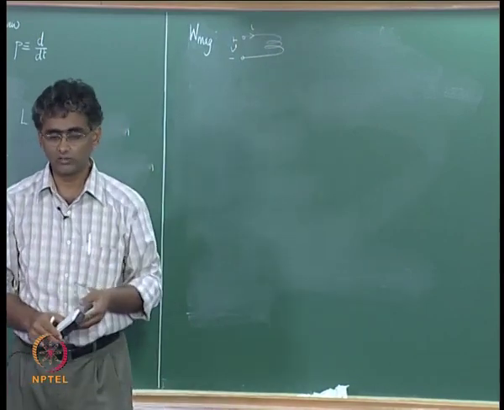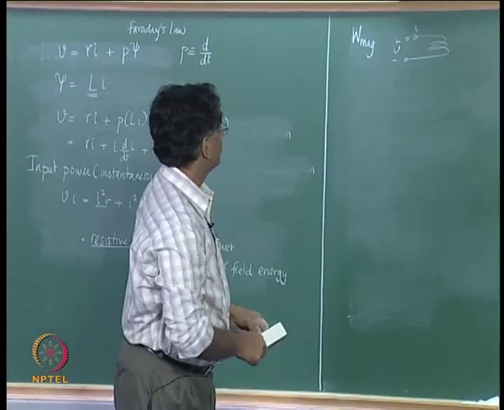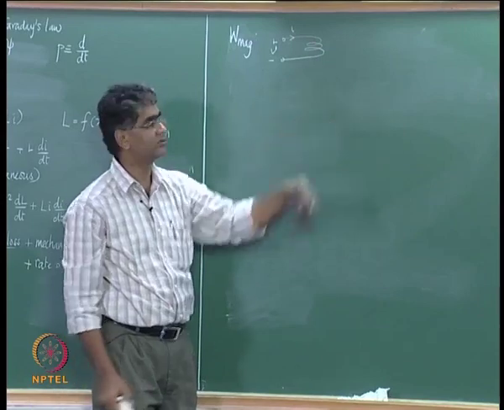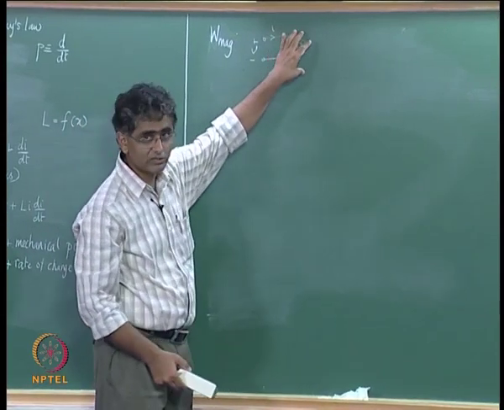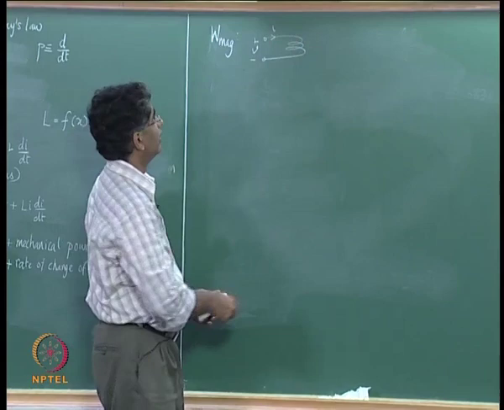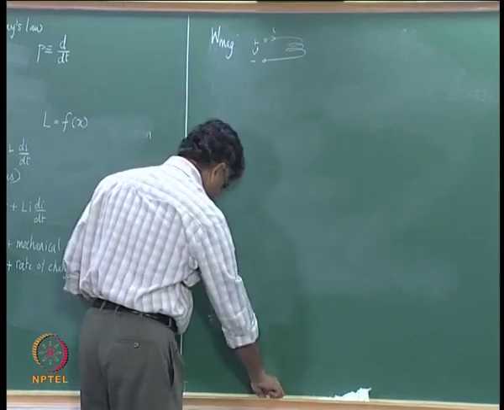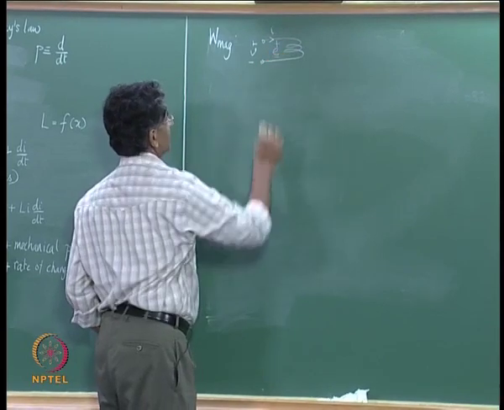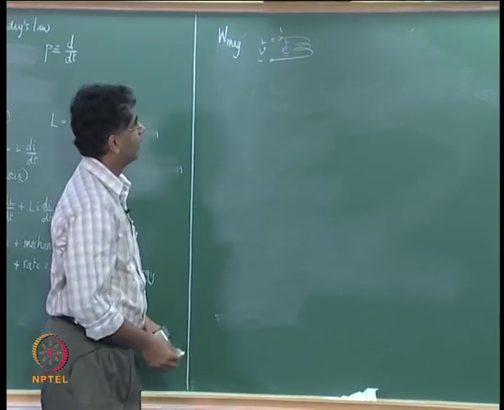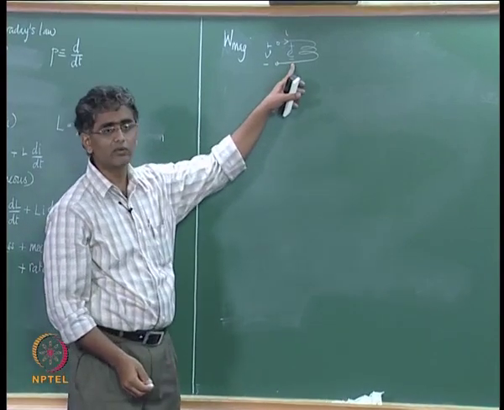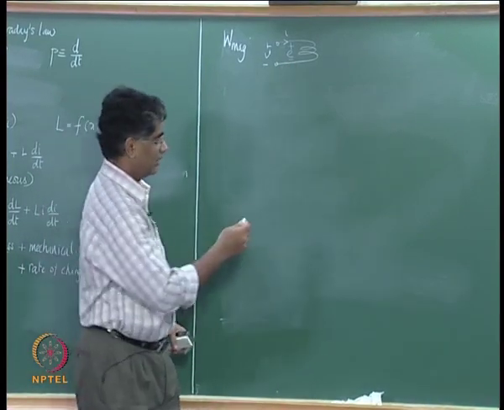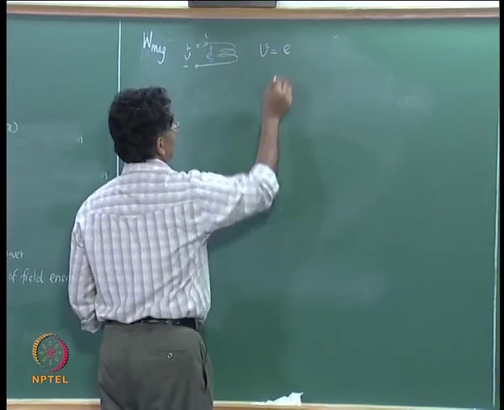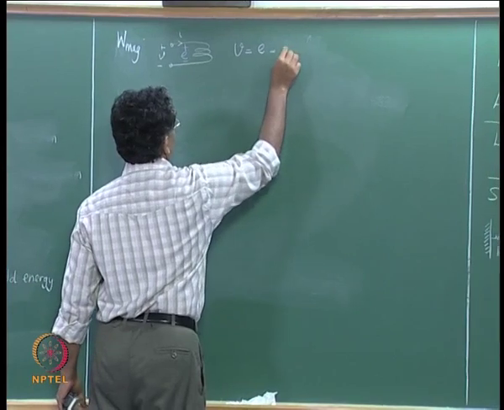We have already seen those things, and because this voltage is changing, this I will change, the magnetic field will also change, and therefore there is an induced EMF here, and by Lenz's law the induced EMF will have the orientation like this, E. Therefore V has to be equal to E, there is nothing else in between, and therefore we can write V equals E, which is equal to p of psi.